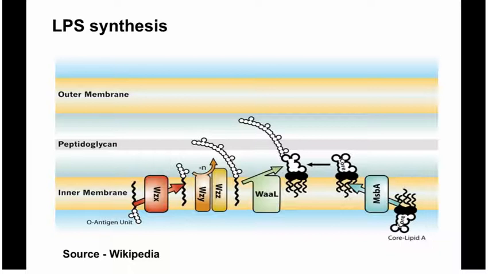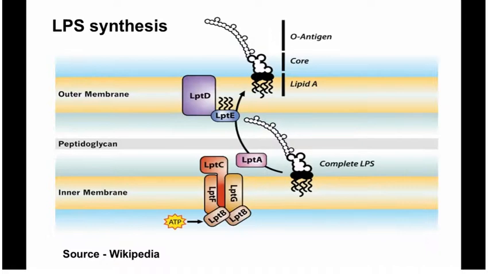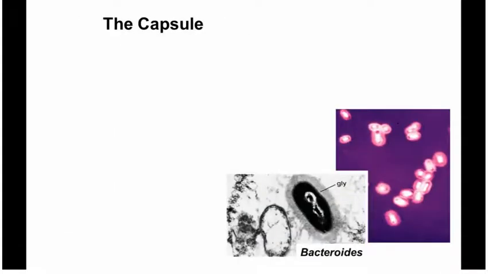So the repeating subunit is synthesized on the bactoprenol diphosphate, flipped over, and then the transglycosylation reaction. And the bactoprenol monophosphate is recycled here. So very similar, and then after the LPS has been formed, there's a whole complicated multiple protein complex which takes the whole thing and moves it out to the outer membrane. So that's how it works.